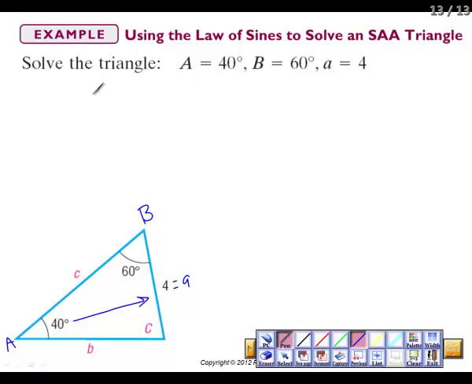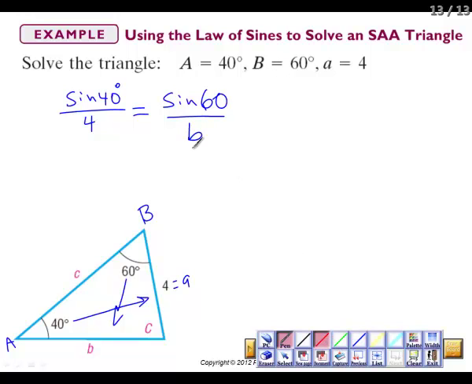We can say sine of 40 degrees over 4 is equal to sine of 60 degrees over side B. Basically we multiply B to both sides, and we multiply 4 to both sides.